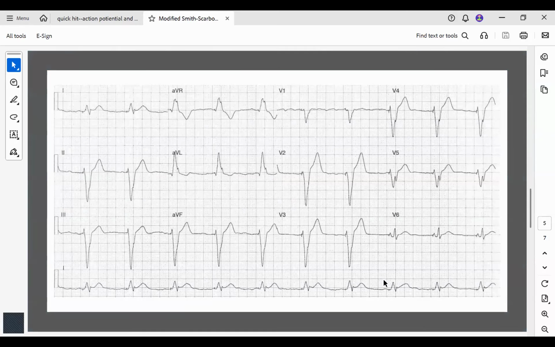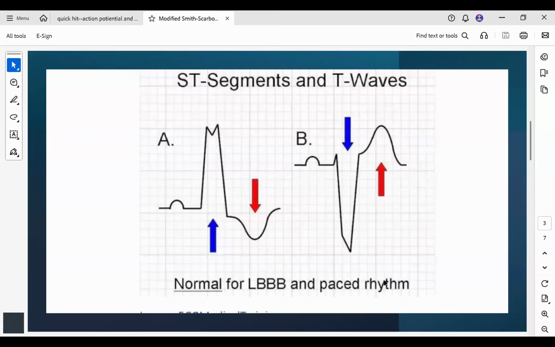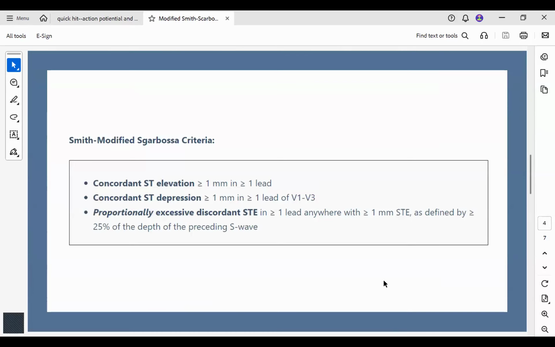And then this is reviewing our criteria again. If we think about that as our normal for a left bundle, and we're thinking about our criteria, what I'm going to do for you actually is, oh, you know what? I can't copy it that way. I was going to copy and put it in the chat.